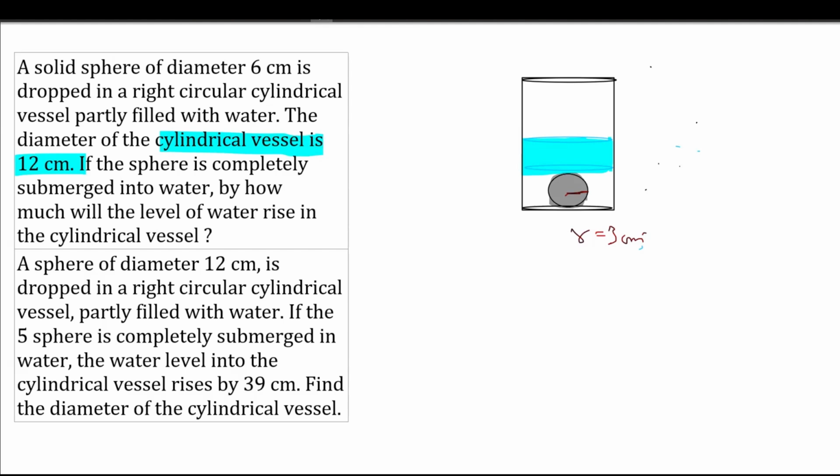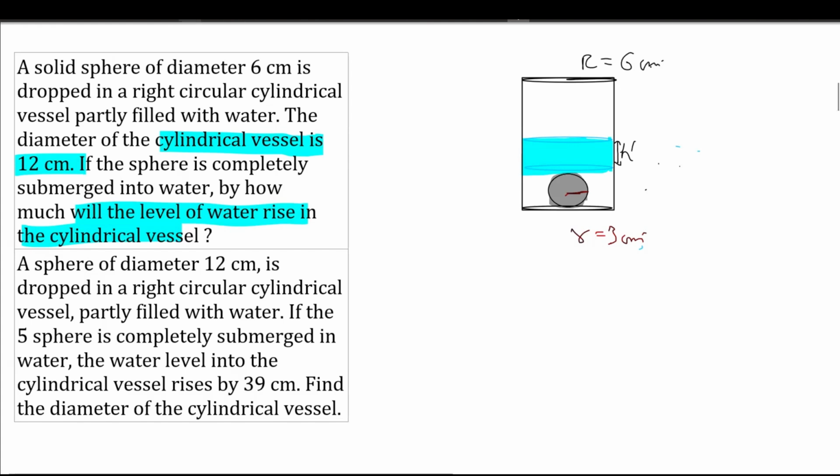We are given 12 centimeter. So if I take the radius using capital R, it is going to be 6 centimeter. And what we have to find out is the rise in the level of water. This is H dash, from here to here. This is the height which we have to find out.